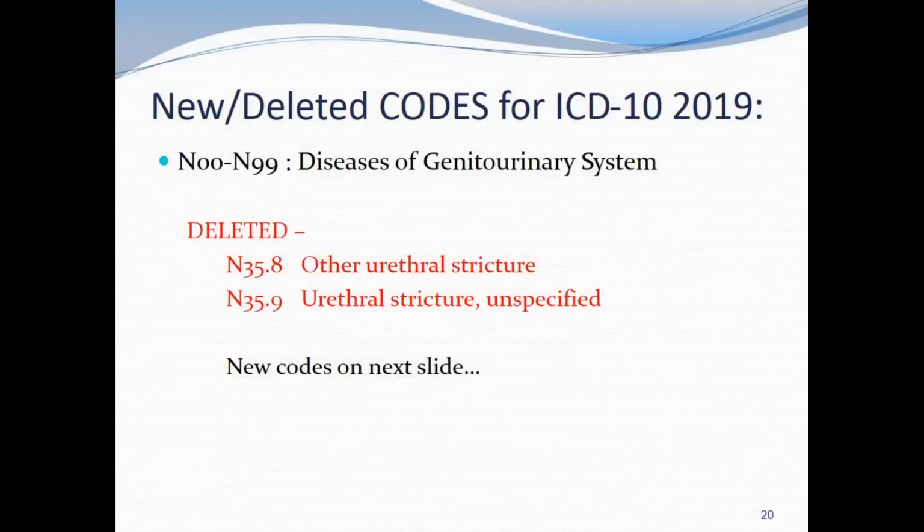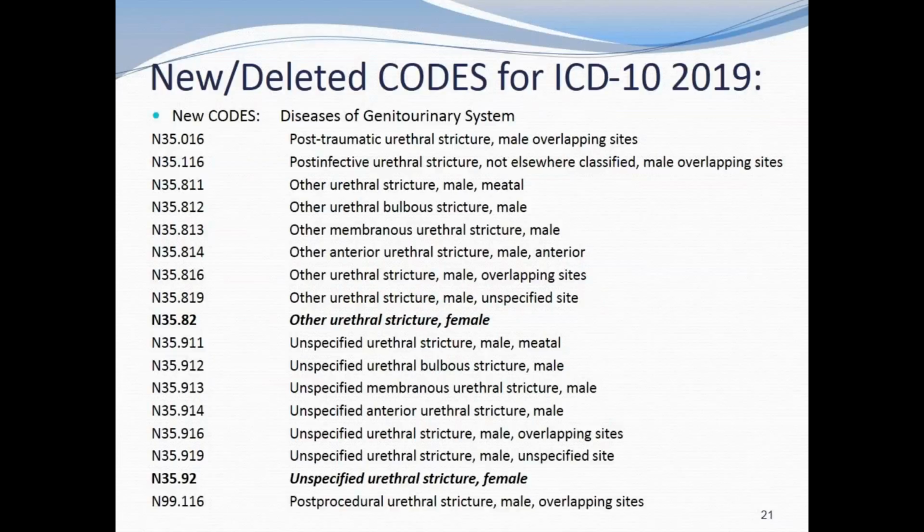But I don't know if they're really going to be something you're going to use that often. But if it's something that you use, then this is why I put this on here, just in case you need it. But just know that the N35.8 has been deleted, along with the N35.9.